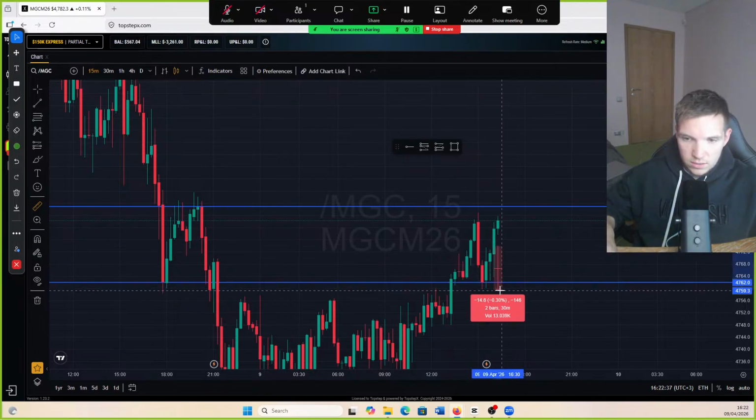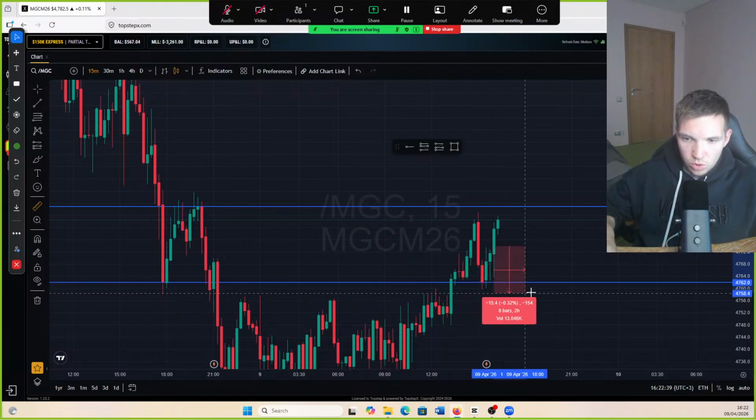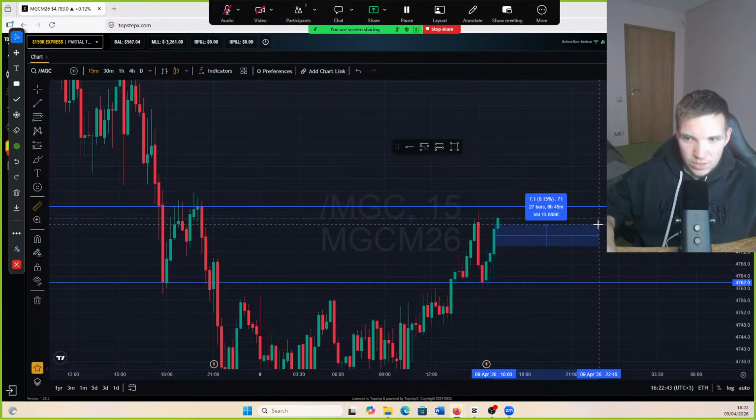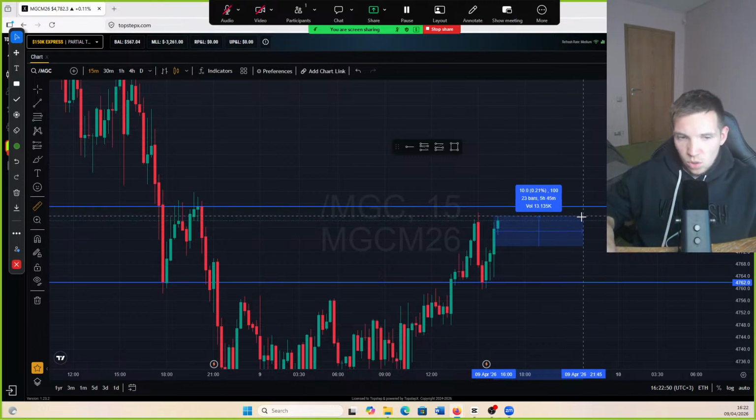Ideally this is where we would want to put our stop loss, 150 pips, and the target would be 75, so that's 0.5 risk to reward, which is too low.